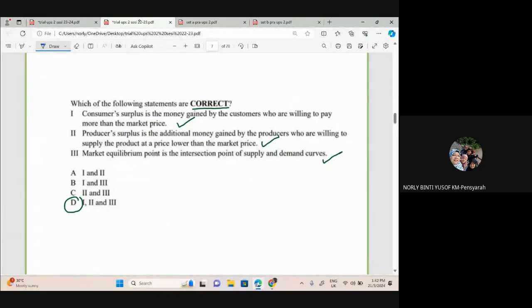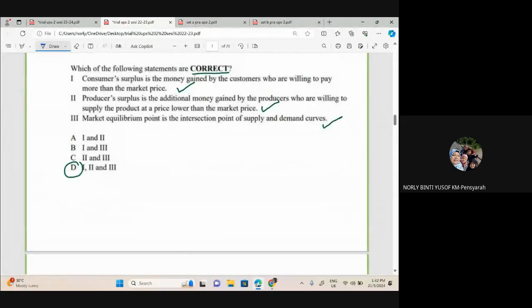Additional money gained by the producer who are willing to supply the product at price lower than the market price. Pun betul. And then market equilibrium point is the intersection between supply and demand curves. Ini pun betul sebab tadi dah keluar dekat session kita kan. So ketiga-tiga konsep CS, PS dan MEP ni betul. So correct lah. The answer is D. This is all statement in words.